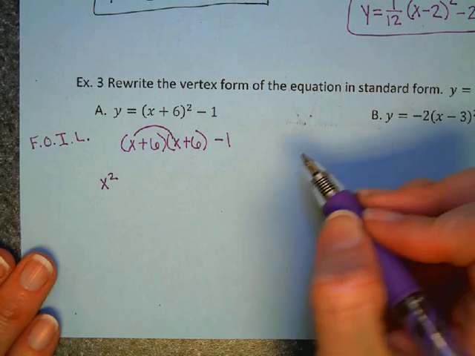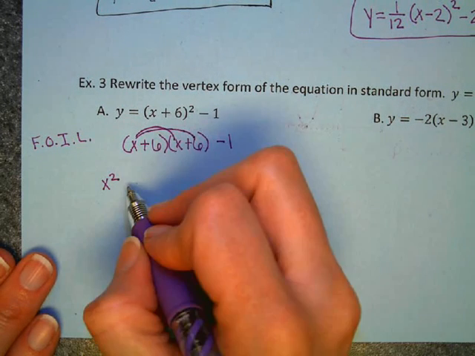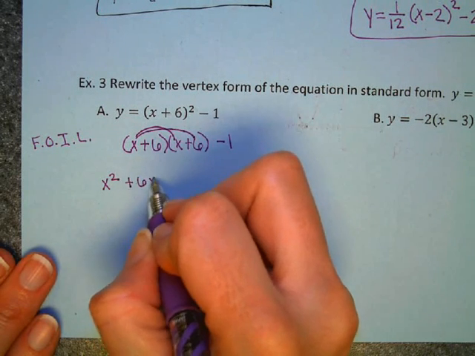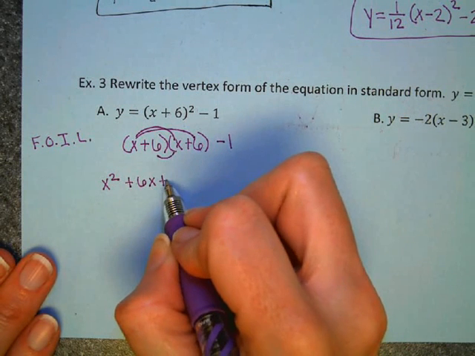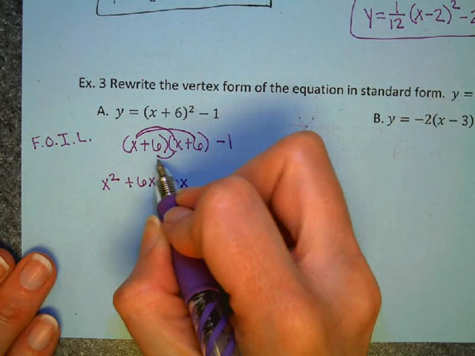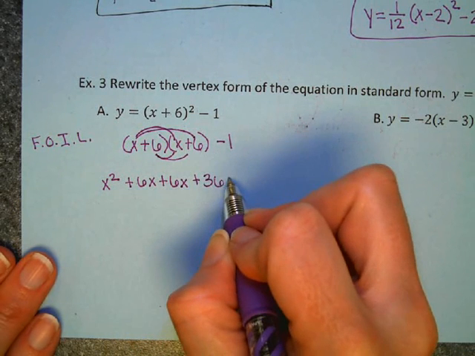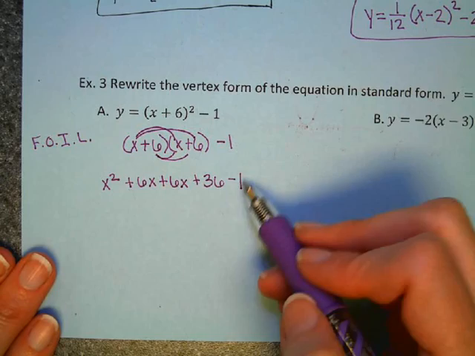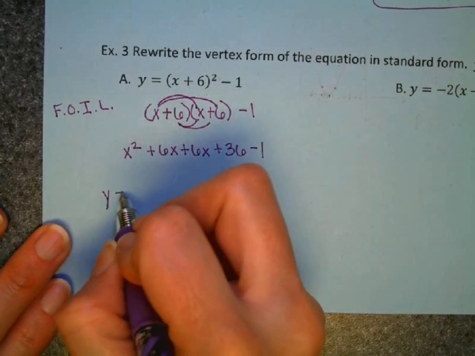Then you would multiply the inside. 6 times x is 6x. And then the last, 6 times 6 is 36. Just bringing down the minus 1, combine your like terms, and then that is now in standard form. The middle one, 6x plus 6x is 12x, and 36 minus 1 is 35.